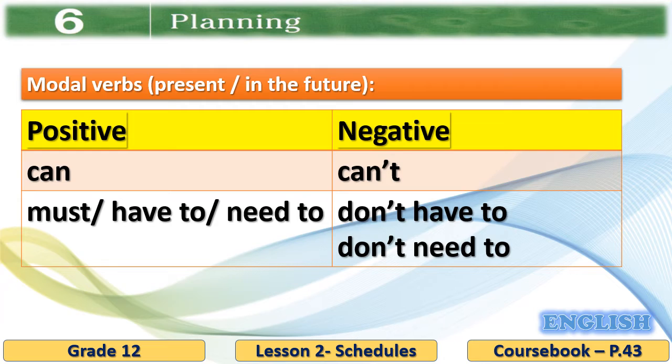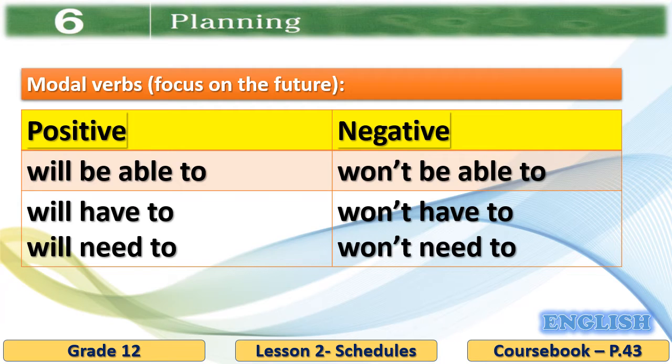Now, let's start with modal verbs that refer to present or future. As you can see here, we have positive and negative modal verbs. The positive ones are can, must, have to, and need to, while the negative ones are can't, don't have to, and don't need to.